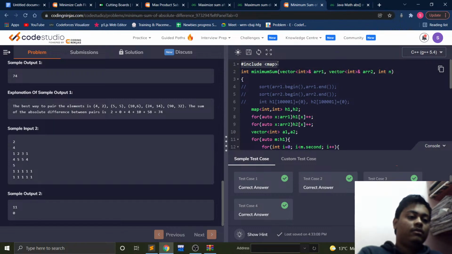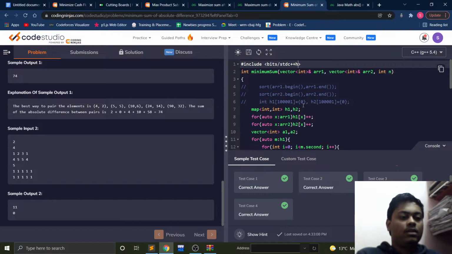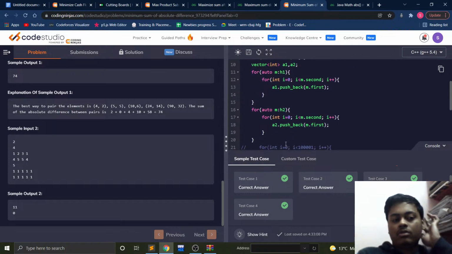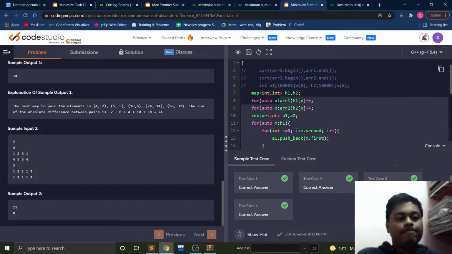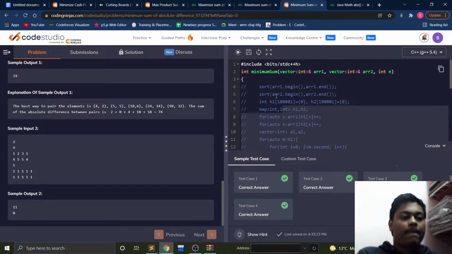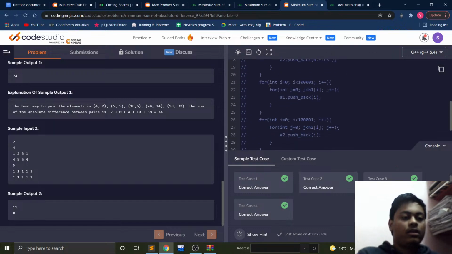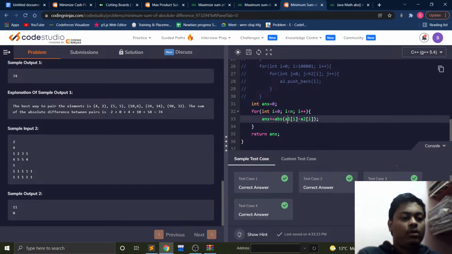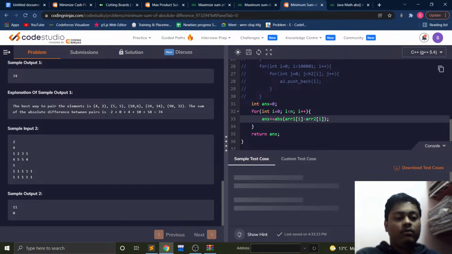Then very nice, then we can just use bits slash standard C++ dot h, and this whole sorting part can be removed, and we can just sort, and then we'll again put values as arrays, and I think we're good to go.